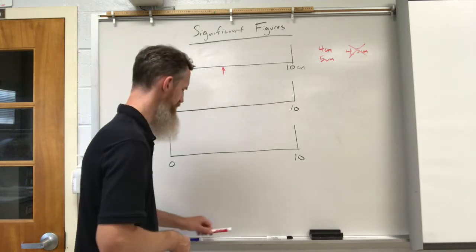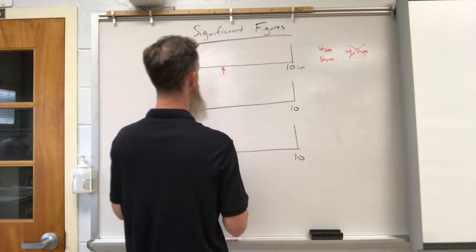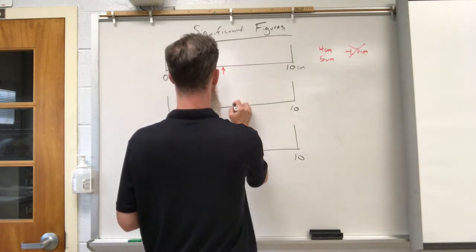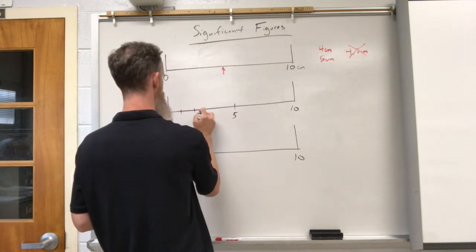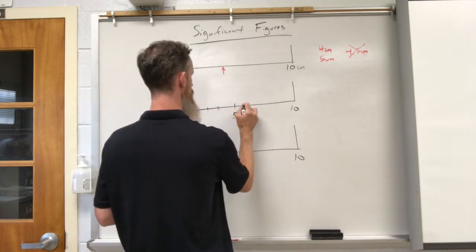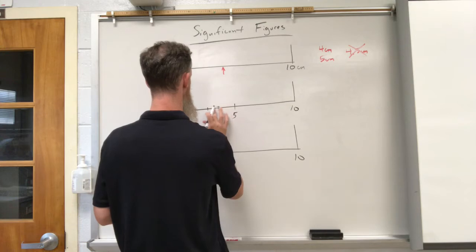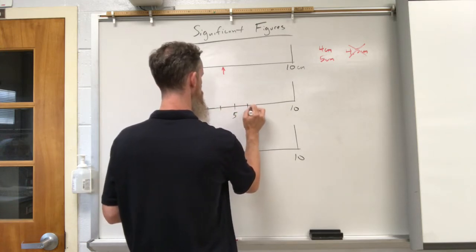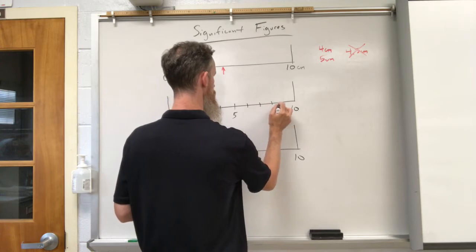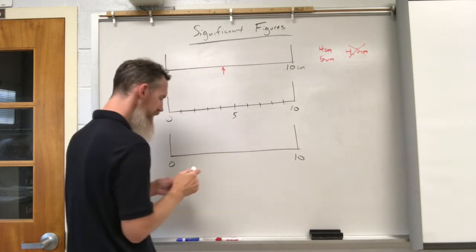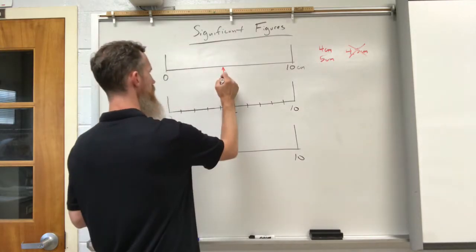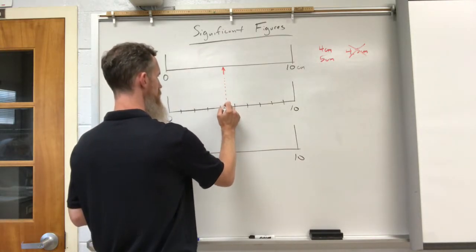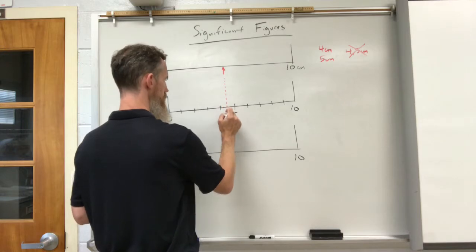Hold on. Let's take this ruler, and I gotta divide this up a little better. Let's take that same object that we had before, and we're going to put it here.